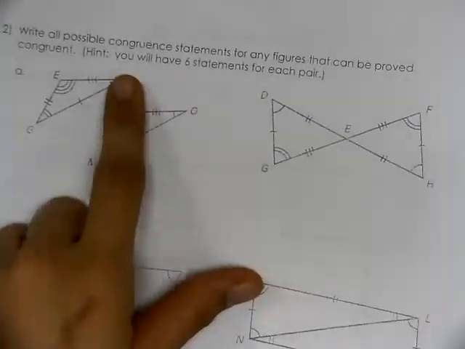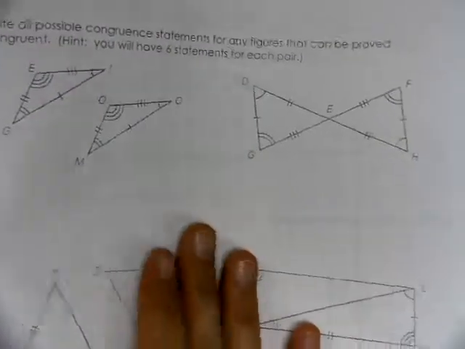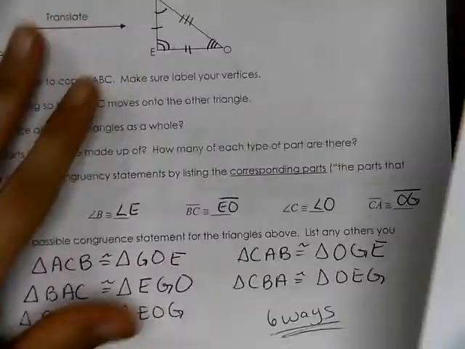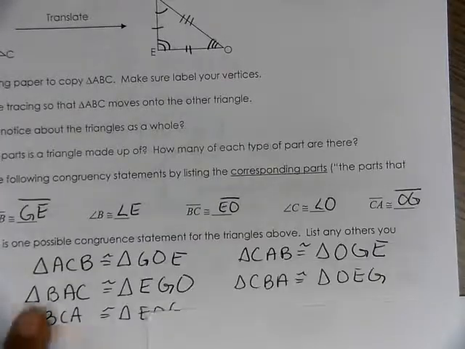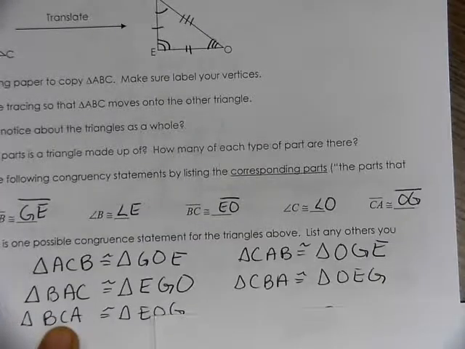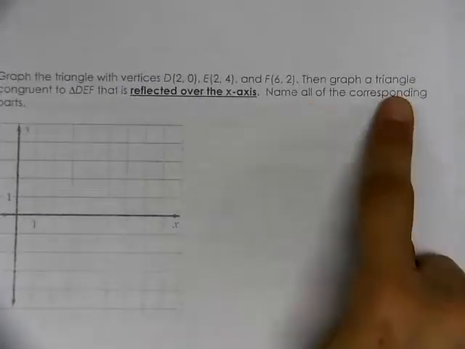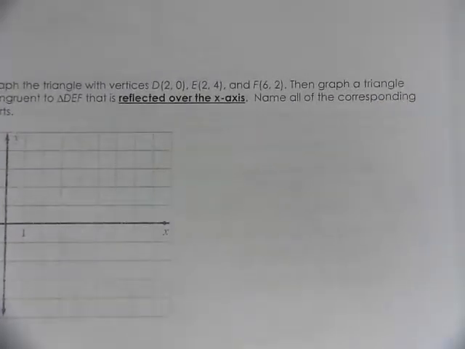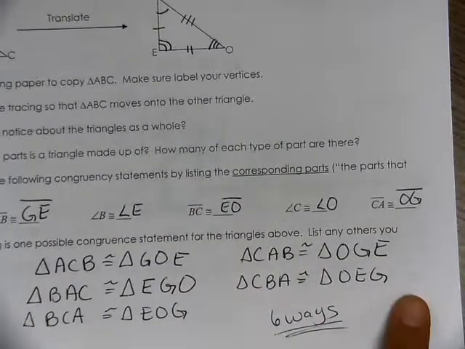For number 2, A through F, you need to give me 6 congruent statements, like this problem. And then 3 is similar to doing the reflection. Name all the corresponding parts. So 1 and 3 are the same. For 2, make sure you do all 6 of these. Okay?